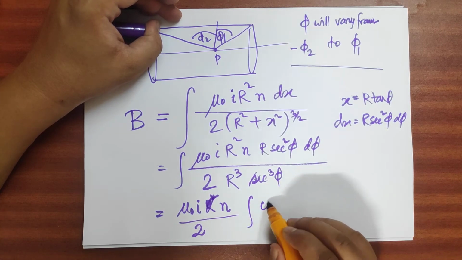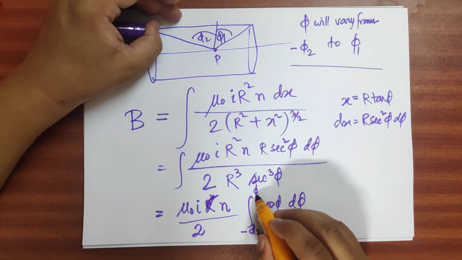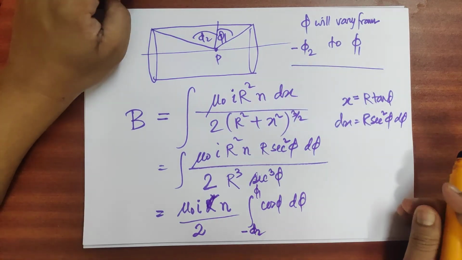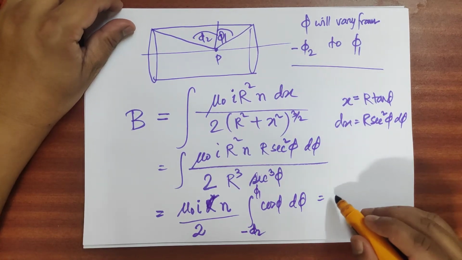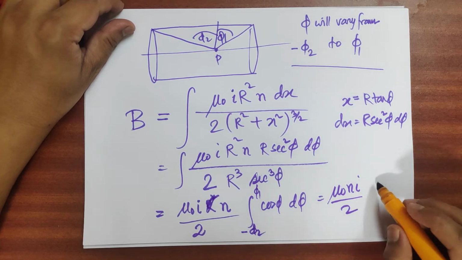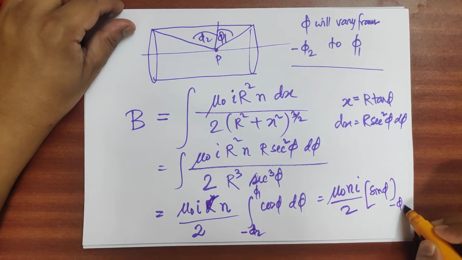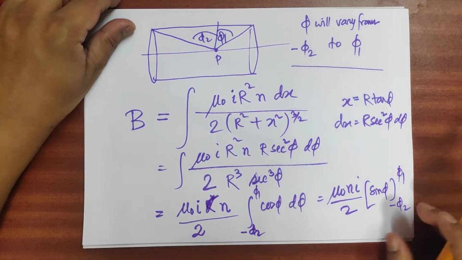So integral of cos phi d phi from minus phi 2 to plus phi 1. So mu 0 ni by 2, and that's sin phi from minus phi 2 to plus phi 1.